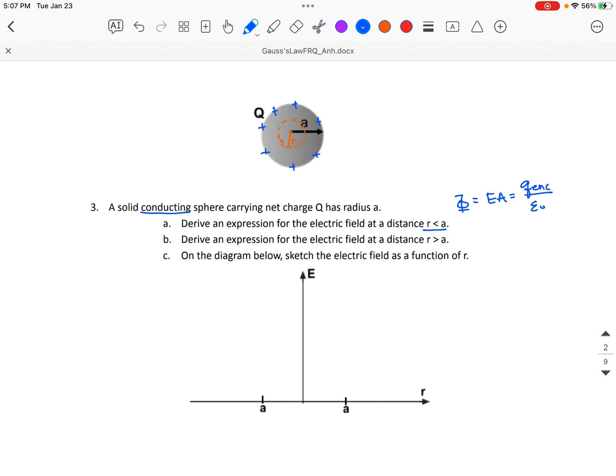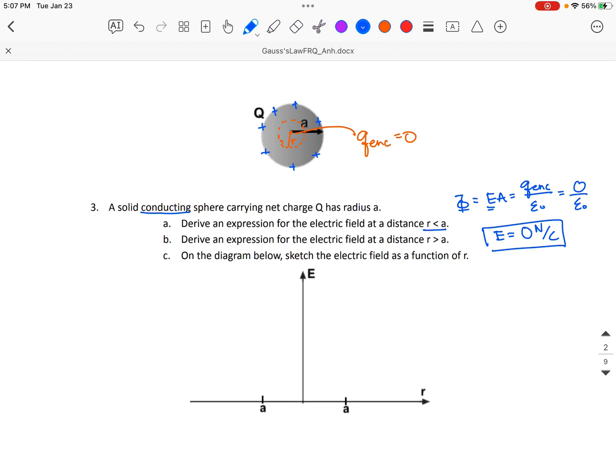The enclosed charge in a conducting sphere is equal to 0. So Q enclosed is equal to 0. If this is 0, then if I solve for the electric field, it is also 0. So there's no electric field inside of a conductor.